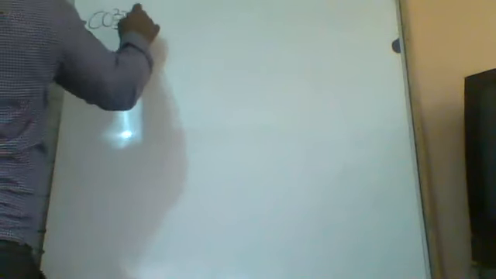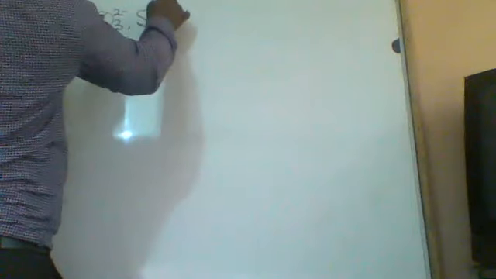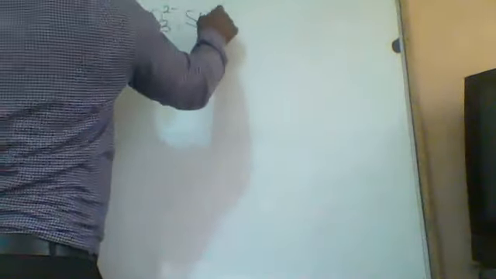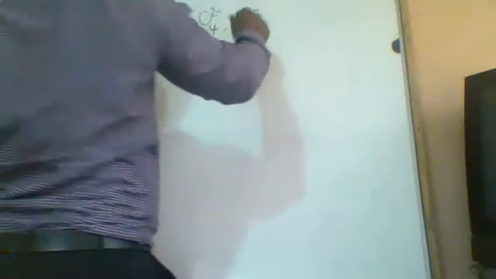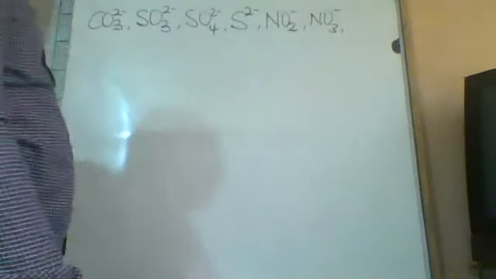Now, when it comes to the anions, we'll be considering carbonate ion, sulfite, sulfate, nitrite, nitrate, and then the halides: chloride, bromide, and then iodide.